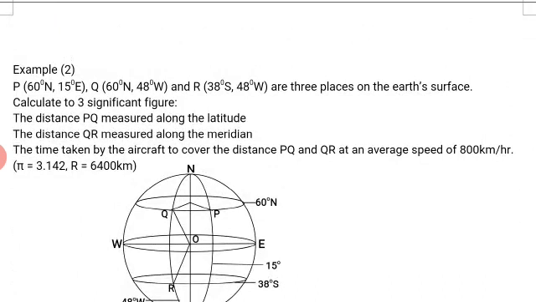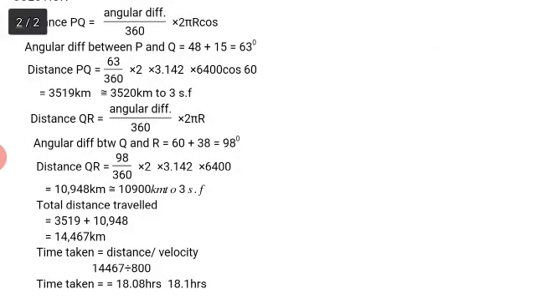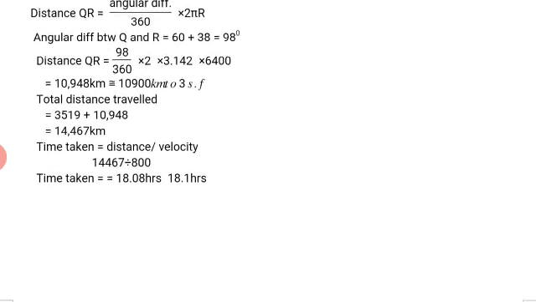The last question, the time taken by the aircraft to cover the distance PQ and QR at an average speed of 800 km per hour. In this case, we need to calculate the total distance covered. Then we need to also use a formula that relates velocity, time and distance together.